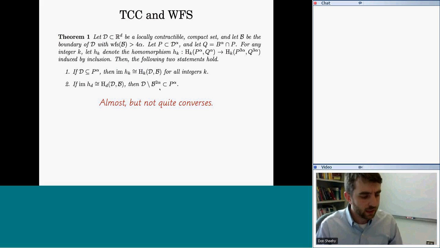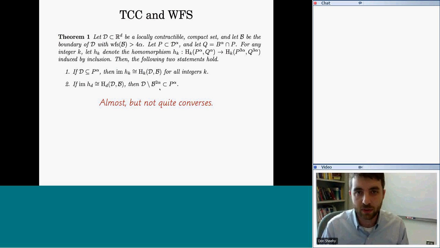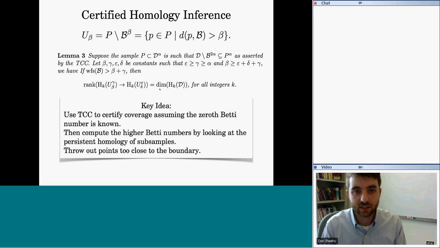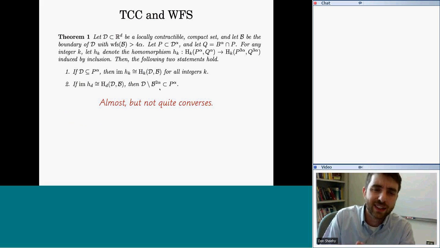I'm going pretty fast here, but just to wrap up, I am going to show one way you can put this similarity to use. Call it certified homology inference. The idea is, let me keep the slide up for a second.